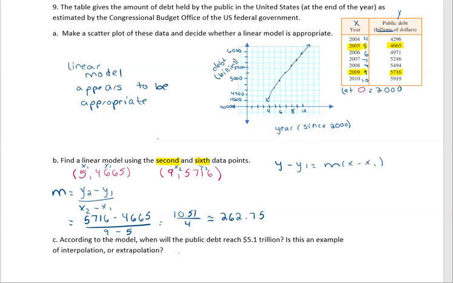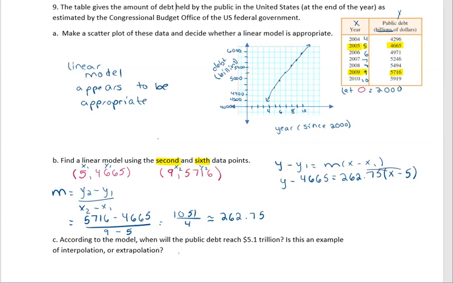Well, now we have our slope, so now we can put everything in. So we have y. Remember, we don't put anything in for just the y. y1 is our first y coordinate, so 4,665. m is our slope, so 262.75. Then we have x minus x1, and x1 we're told is 5.